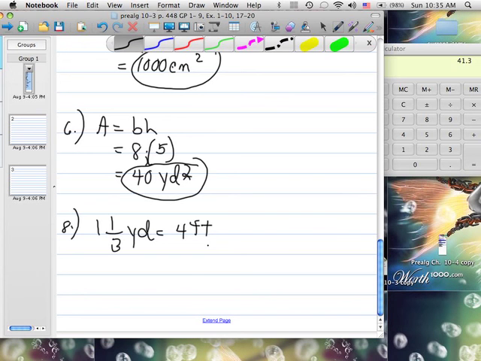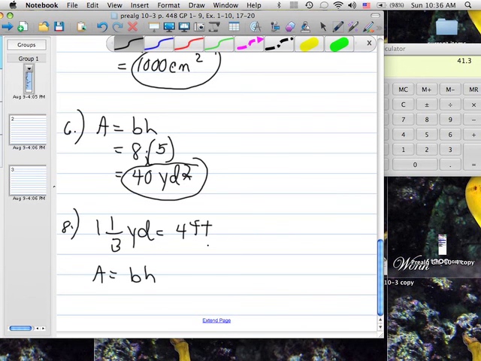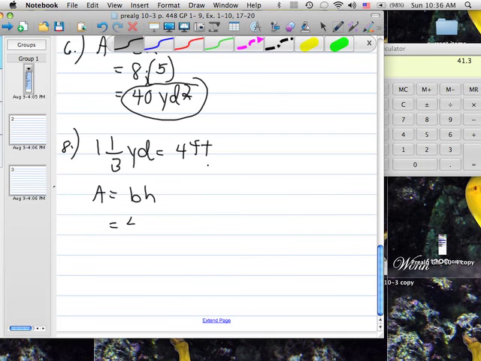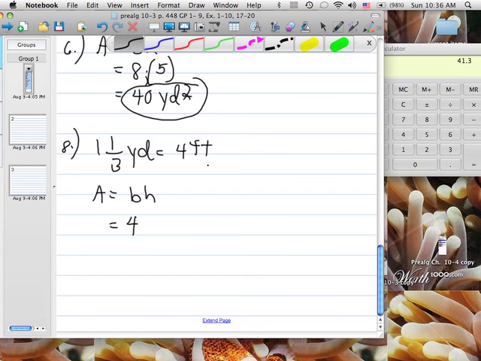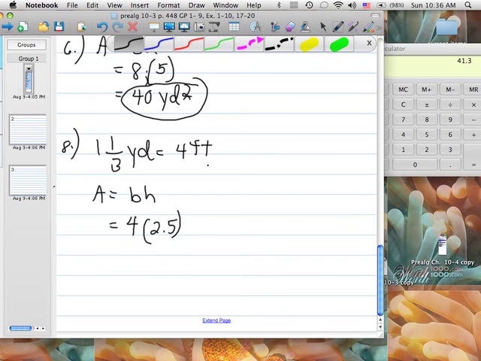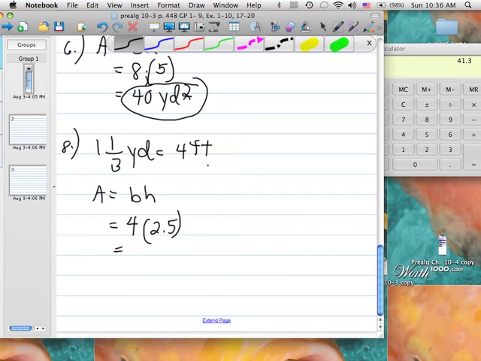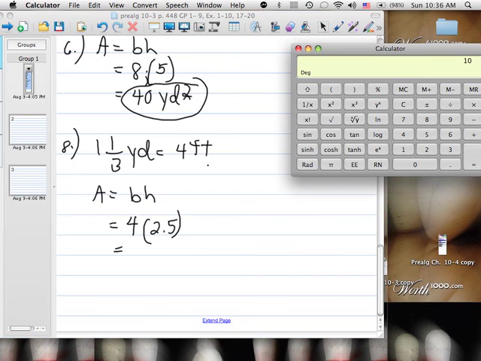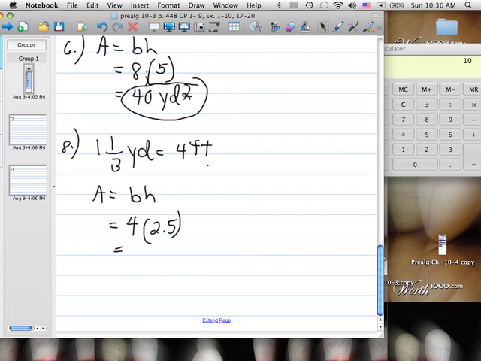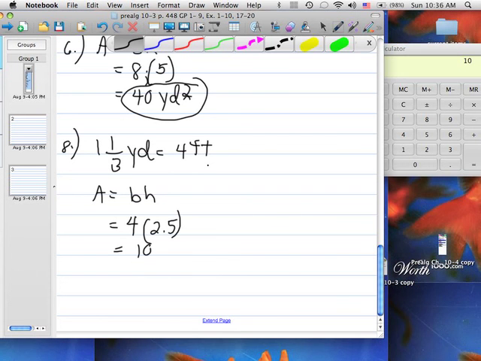So our area formula for a parallelogram is base times height. So our height is 4, and our base is 2 1/2 feet, or 2.5. So 4 times 2.5 is going to be 10. So the area is 10 square units, in this case 10 feet squared.